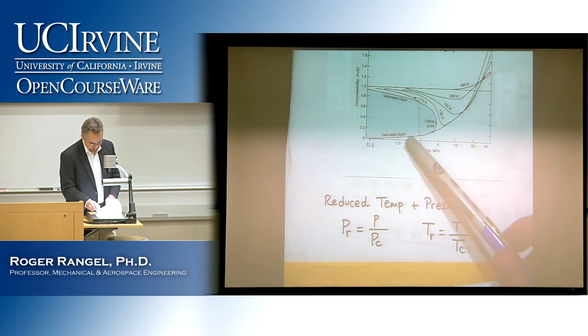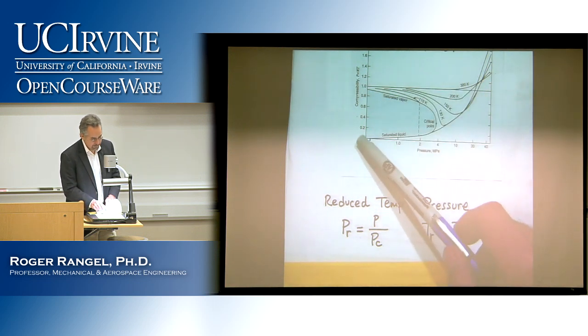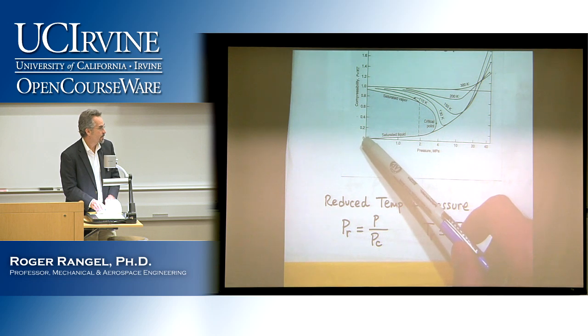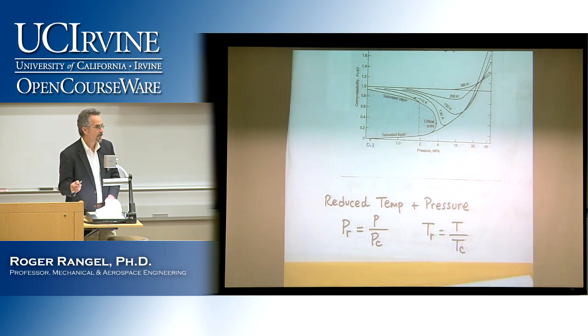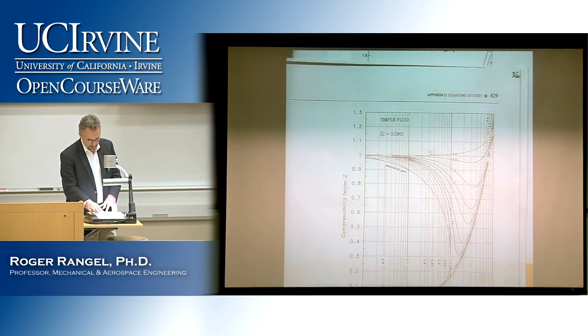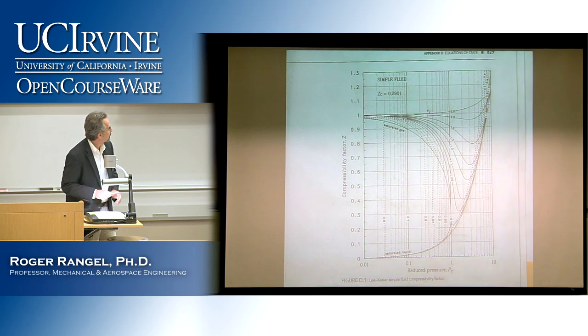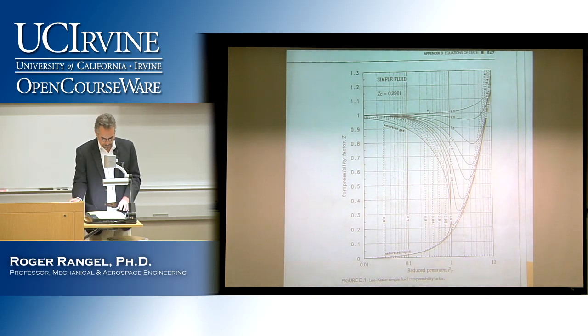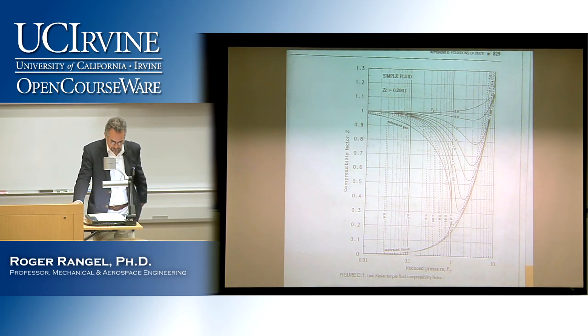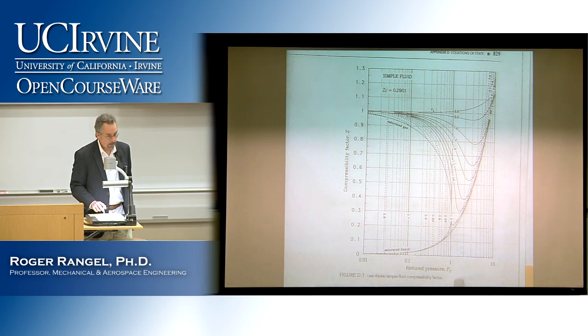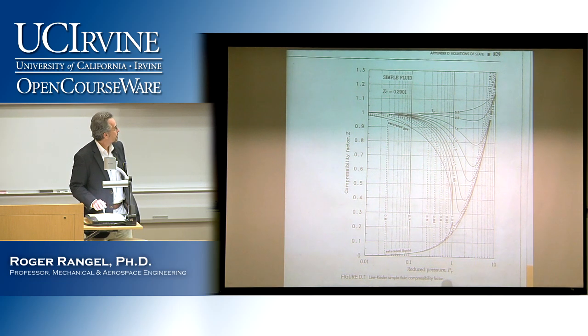So if you're dealing with a liquid, of course, you are somewhere down here. You'll be somewhere on this side. Look at the Z. It's some number, 0.1, maybe close to 0. So that means that if you're using ideal gas law, you're going to get really wrong results. And so if we go back to this one, this is the so-called generalized compressibility chart. Now, I enter not with the pressure, but with the reduced pressure.